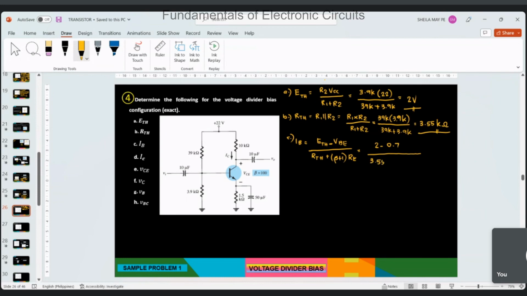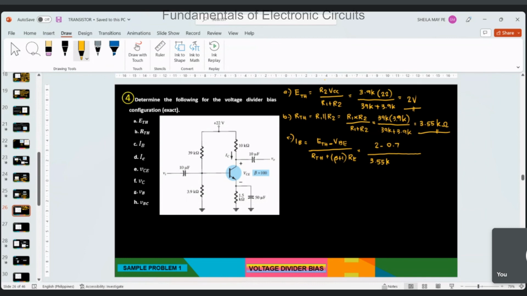RTH is 3.55 K plus beta at 100 plus 1 and atong RE is 1.5 K. So atong IB should be 8.38 microampere. Okay, so that's our IB.